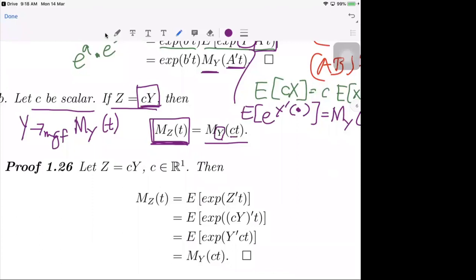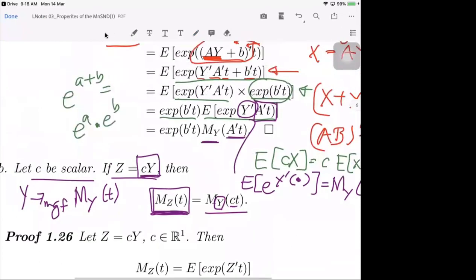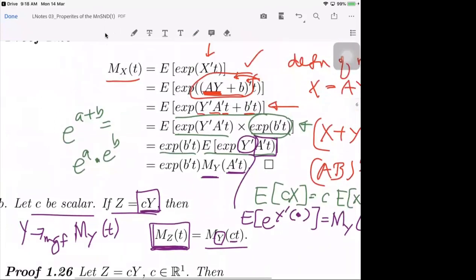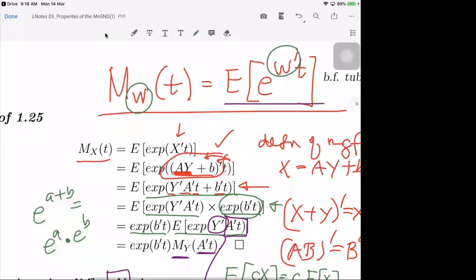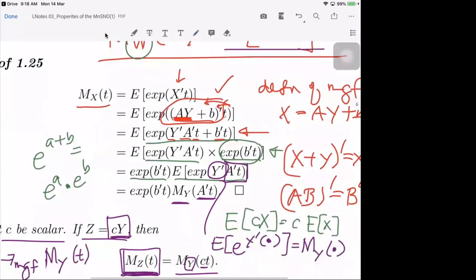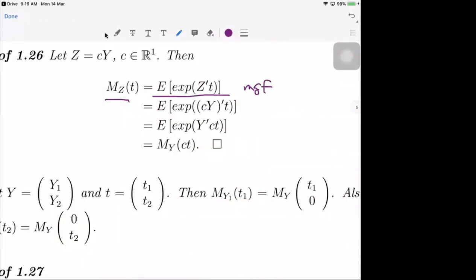Okay, so remember again, the general formula of a moment generating function is the expectation of e raised to the W prime t. The first step here is just by definition of your moment generating function. The second step is substituting your Z by cY. The third step is finding the prime.